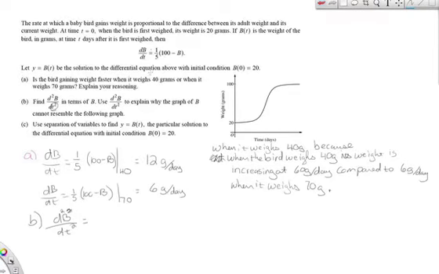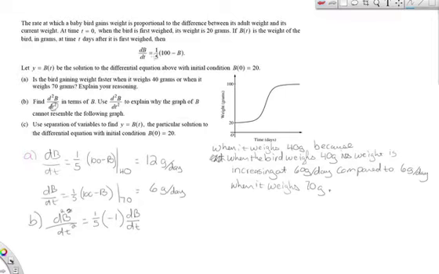You can distribute the 1/5 before you do it if you want, or we can just do it as a constant multiple and realize it's going to be 1/5 times the derivative of 100 minus B, which is negative 1 dB/dt.